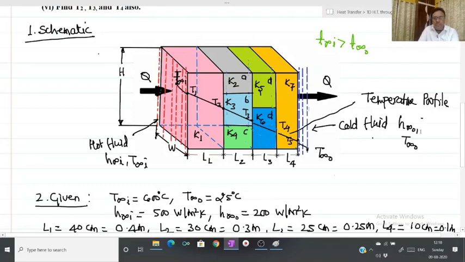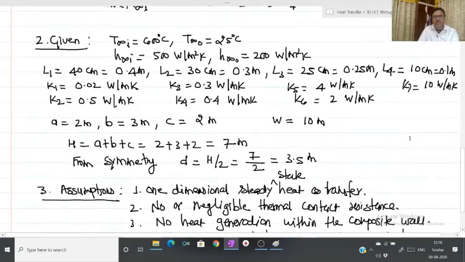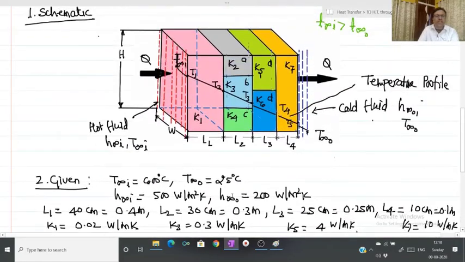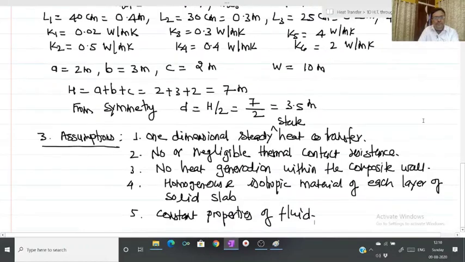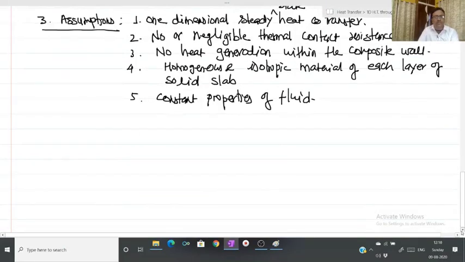Thermal conductivity will remain constant. Similarly, if I assume constant properties of the fluid, that means the heat transfer coefficient will be the same for the hot fluid as well as the cold fluid. So these are the important assumptions involved.